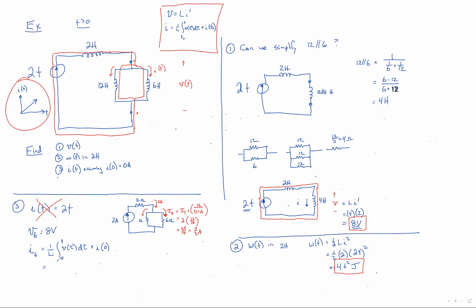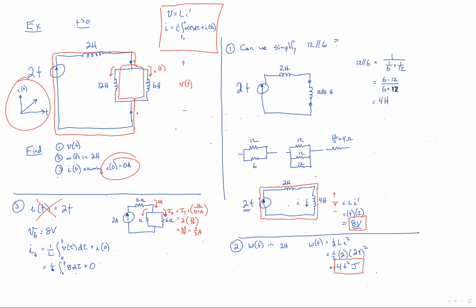So let's fill it in. 1 over L is 1/6. And you'll take the integral of what? What's your voltage? 8 volts. And what is your current at 0? 0. And for those of you listening to the video who are following along, he got that by looking at the original problem statement.